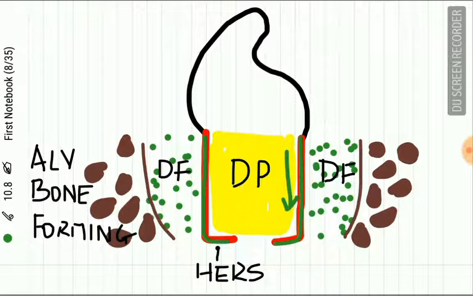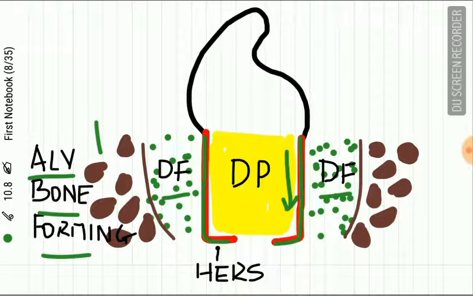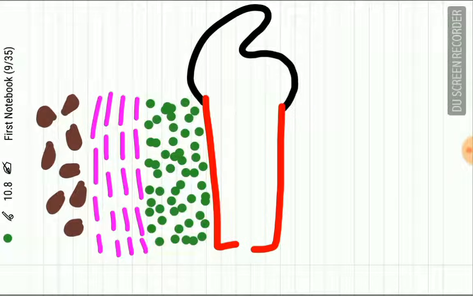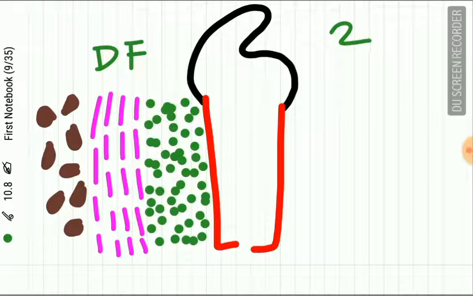Just adjacent to the Hertwig's epithelial root sheath, the dental follicle is present, which is then surrounded by the developing alveolar bone, which is shown by the brown circles. Now this dental follicle is made up of two populations of cells.